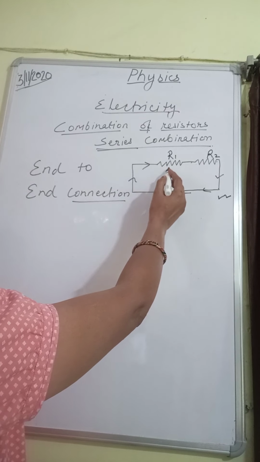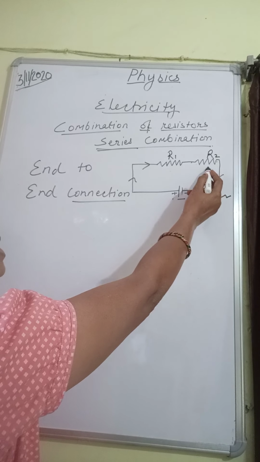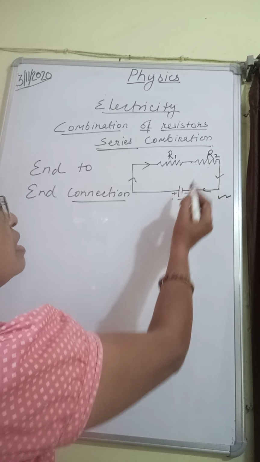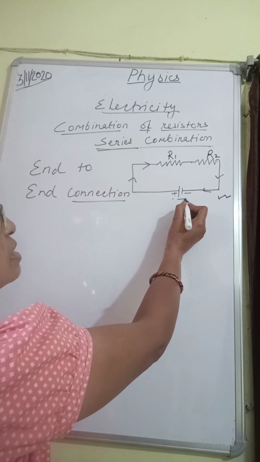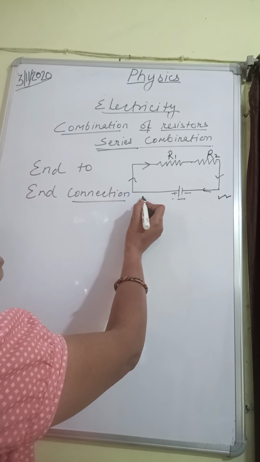Here R1 is one resistor, R2 is another resistor, connected to the cell.